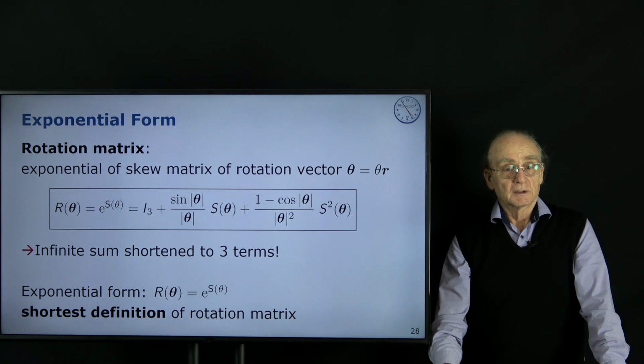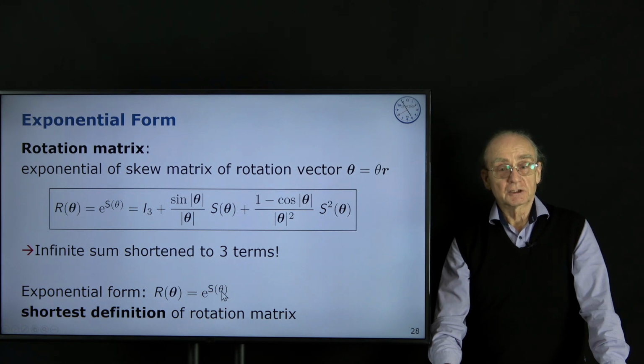That means the infinite sum is shortened to 3 terms. And of course, this definition of the rotation matrix is the shortest you can imagine because you only need 3 letters to write things down. And we have the advantage that the definition actually is related to the axis angle representation. That means we can even interpret what is going on here, what this vector theta means.